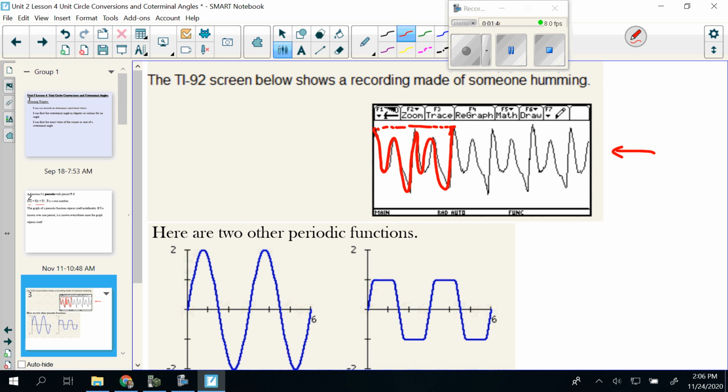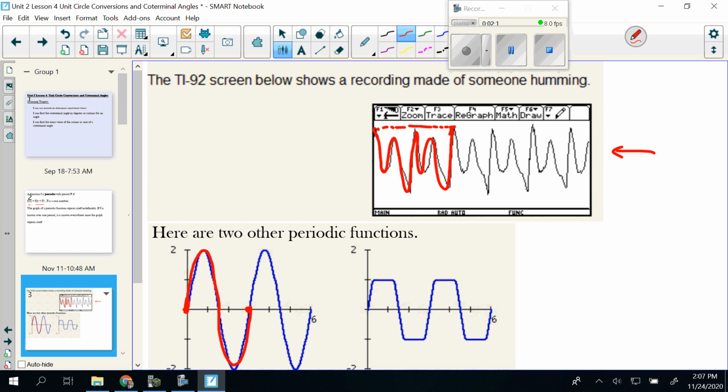Here's another example of a periodic graph. Remember, whenever you get back to that same value sometime later, that's a period. So this stopping right here would not be one period, because it should repeat itself right afterwards, meaning I should do the same thing that was happening right here, which is going up. So one full period would be right there.